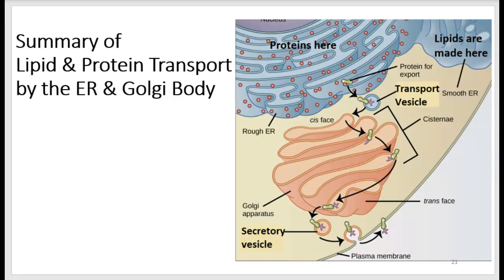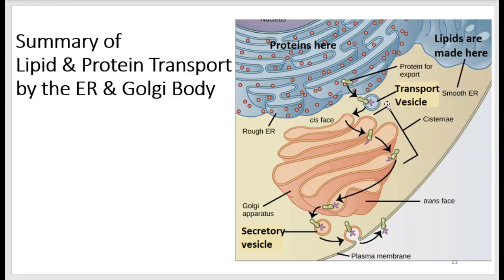The ribosomes on the rough ER synthesize proteins that are inserted into the lumen of the rough ER. Now, both lipids and proteins can leave the endoplasmic reticulum in transport vesicles that bud off. In the picture, we just see a vesicle budding off of the rough ER containing a protein.